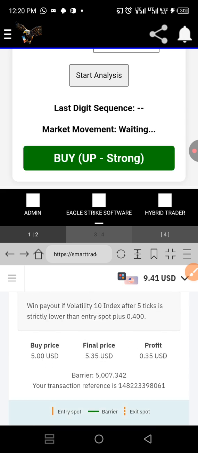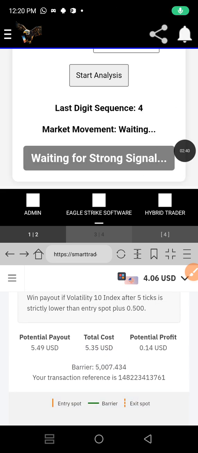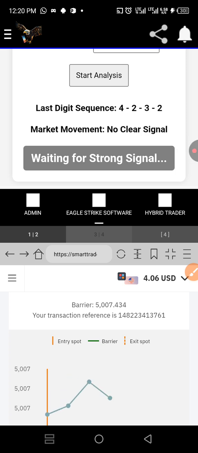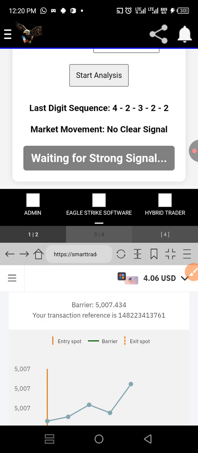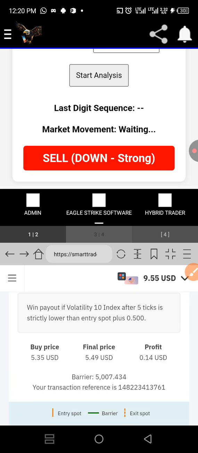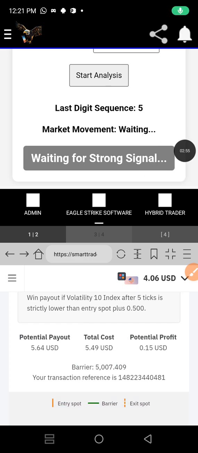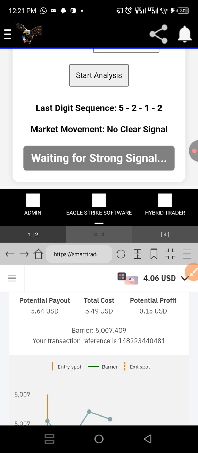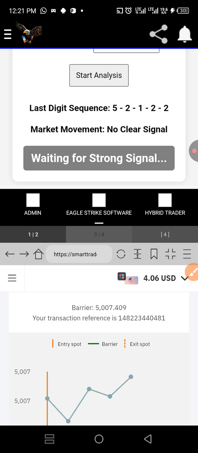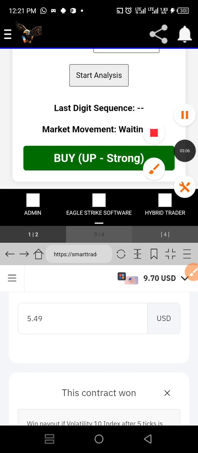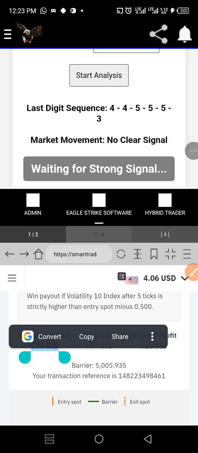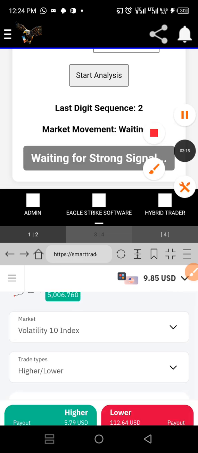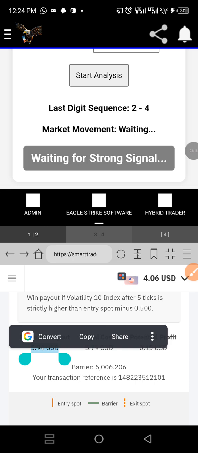Alright, so we compound again and do the same. So we are gradually moving. Let's see.